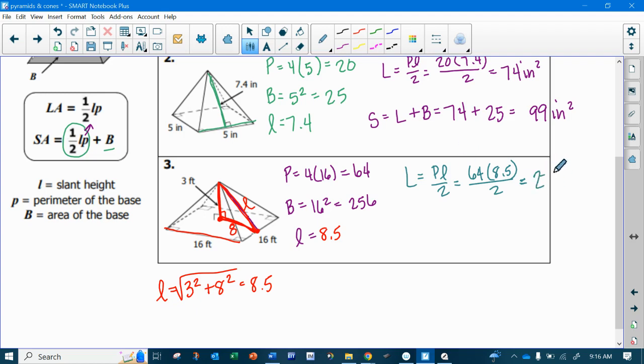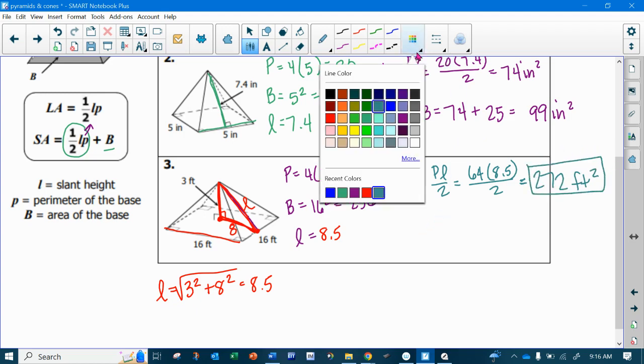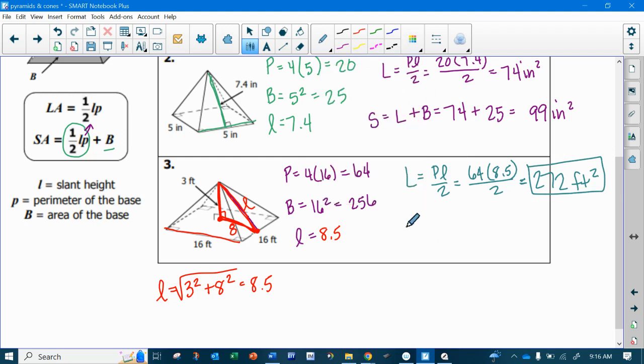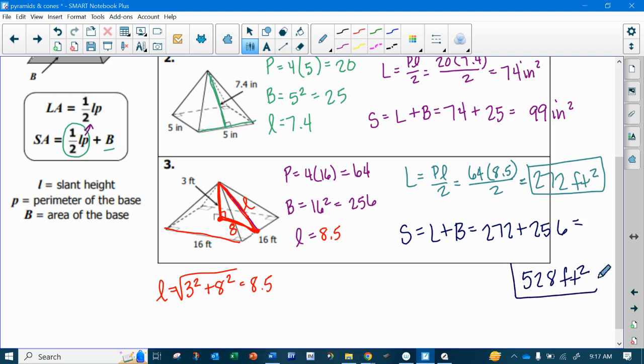So 272 feet squared is your lateral area. And our surface area is the lateral plus the base. So 272 plus 256, and that is 528 feet squared.